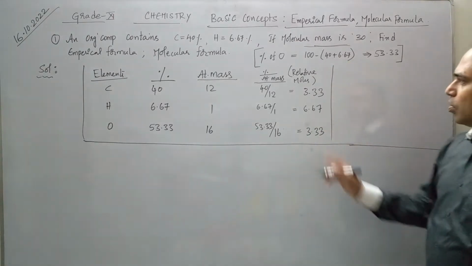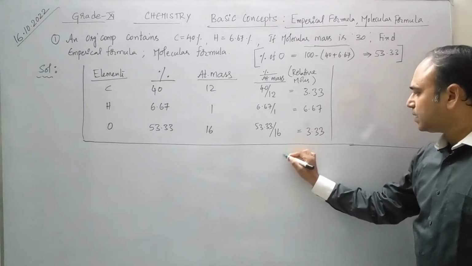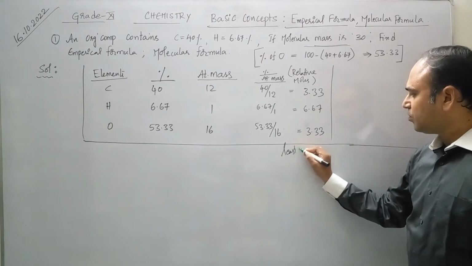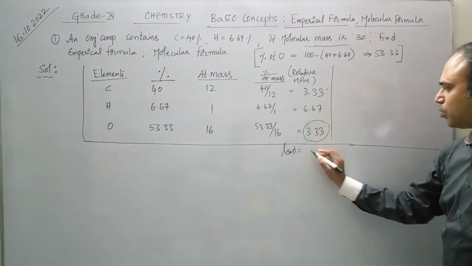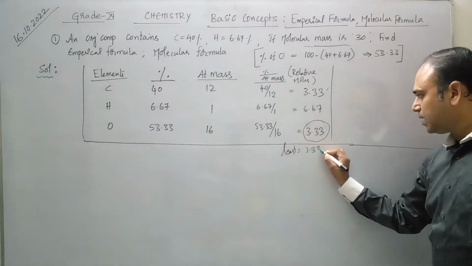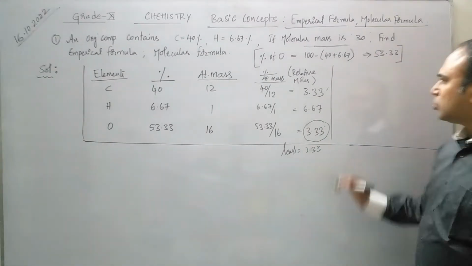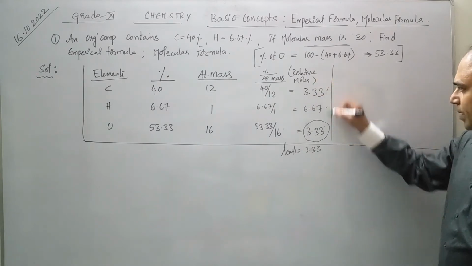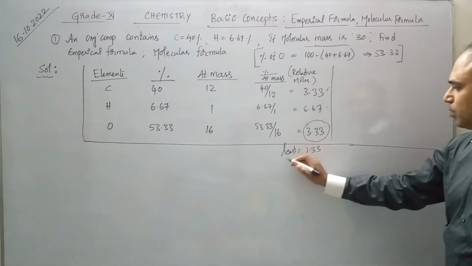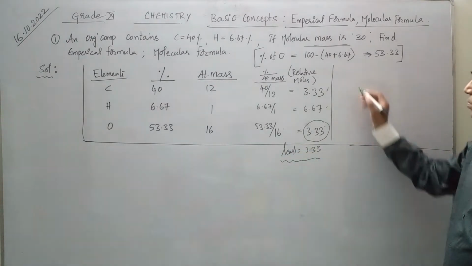Next, from this you have to select the least value. You can easily identify either this or this. So 3.33 is the least value. So what we do is, all the three relative number of moles should be divided by the least number.